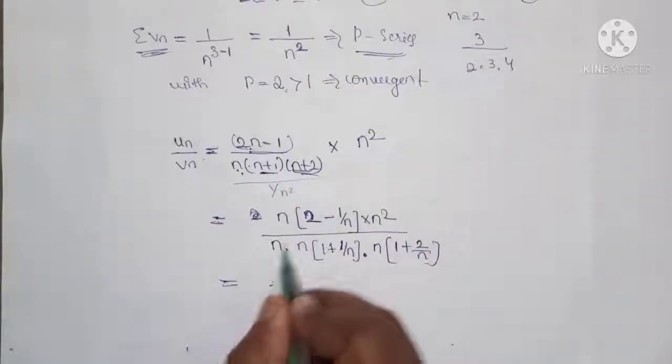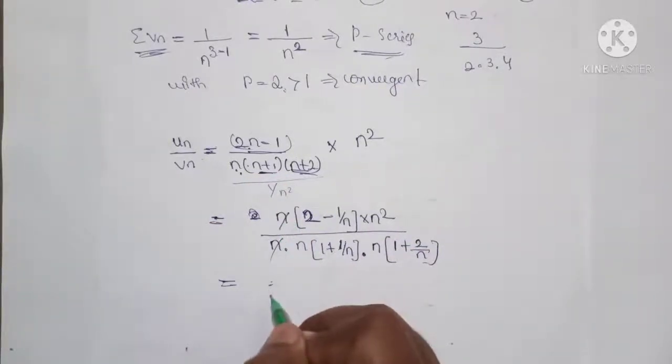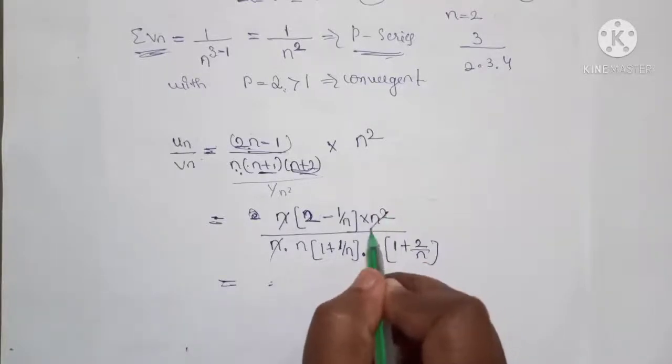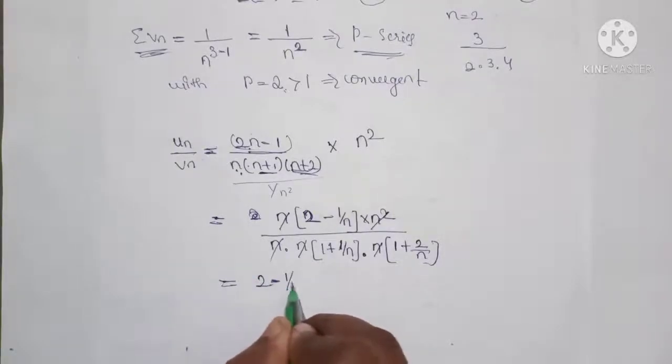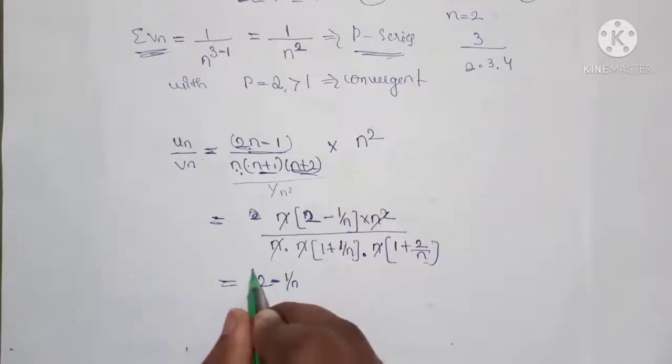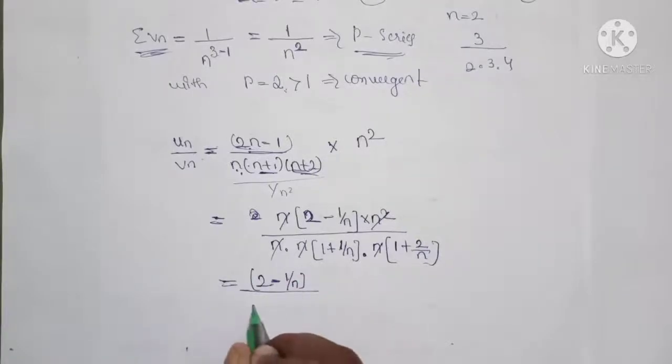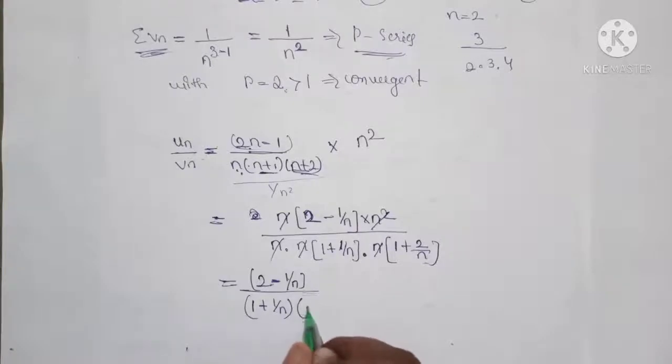So now this n term gets cancelled. Here we have n square and this 2n gets cancelled. So we only get 2 minus 1 divided by n, over 1 plus 1 divided by n into 1 plus 2 divided by n.